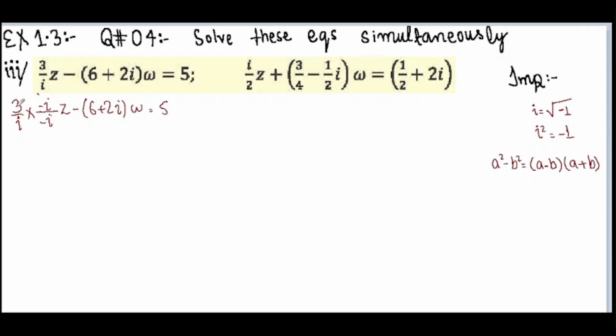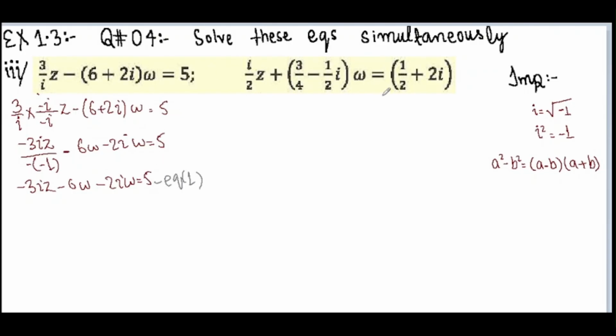So 3 into minus iota gives us minus 3 iota Z, whole divided by minus sign remains unchanged, and iota into iota gives us iota square, which is equal to minus 1, minus 6W minus 2 iota W equals 5. Now minus into minus 1 gives us 1, so minus 3 iota Z minus 6W minus 2 iota W equals 5, and here we can say that this is equation 1.